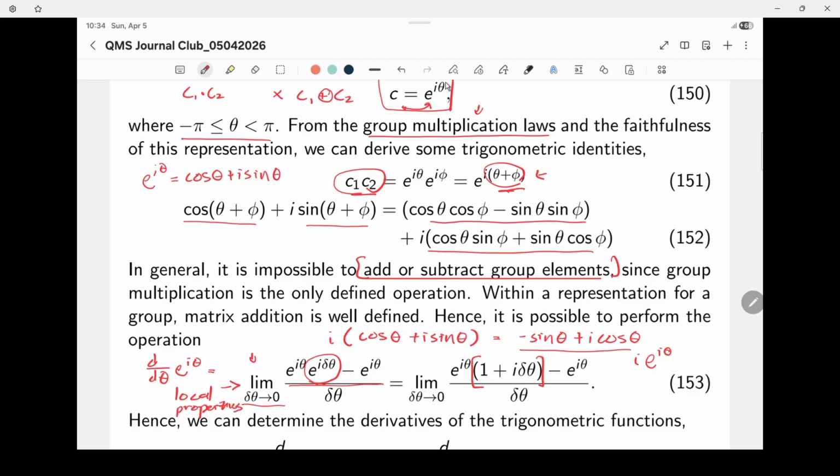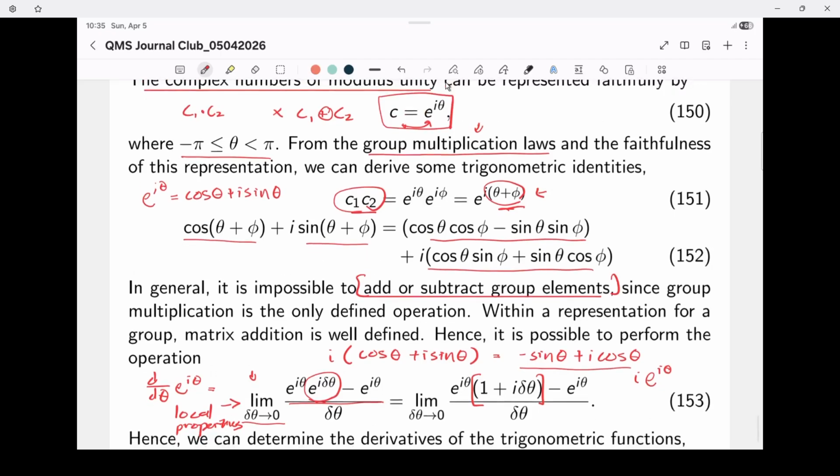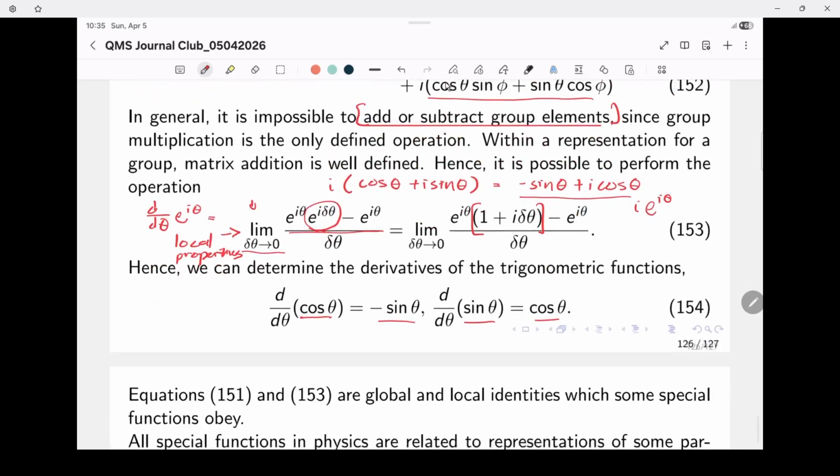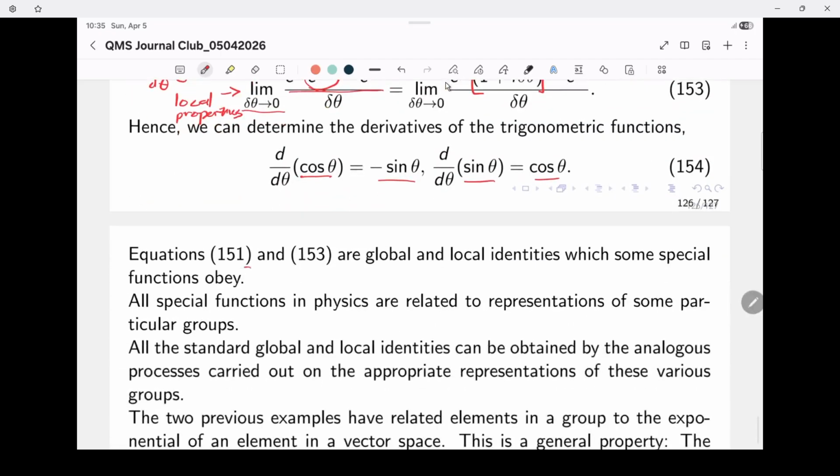We try to study what happens when you zoom into a patch, and what it looks like when you look at it locally. Whereas over here, 151 tells you globally speaking what will happen when you add two angles or two complex numbers together. So 151 tells you the global identities, 153 tells you the local identities.